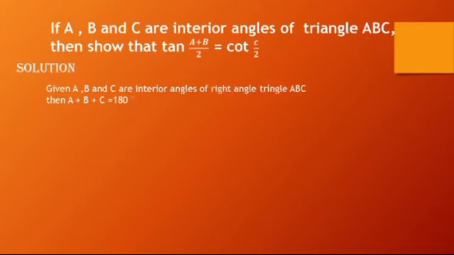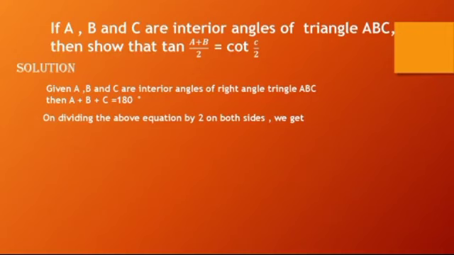On dividing the above equation by 2 on both sides, we get A by 2 plus (B plus C) by 2 equals 180 by 2, which is 90 degrees. Now transpose A by 2, then we get (B plus C) by 2 equals 90 degrees minus A by 2.